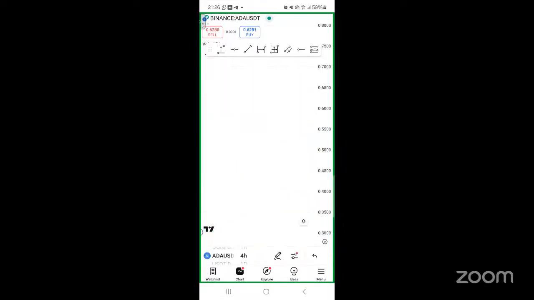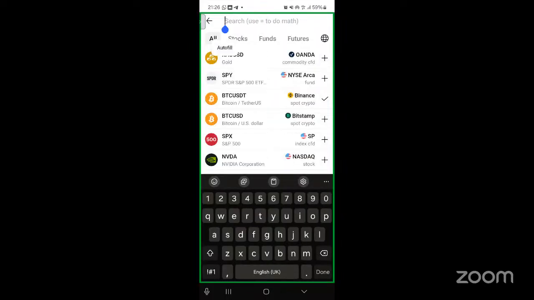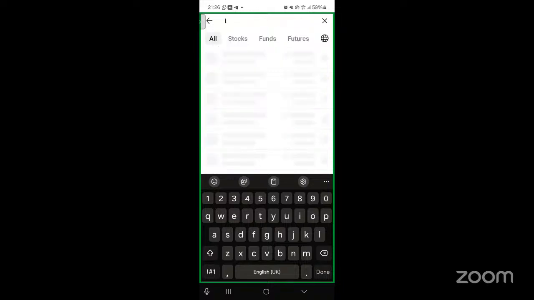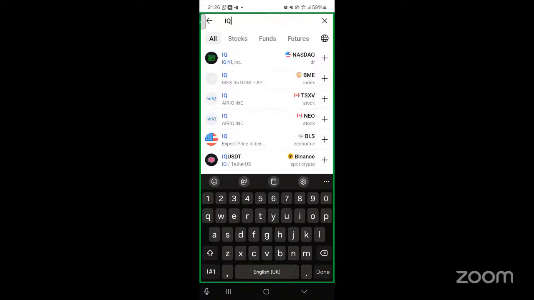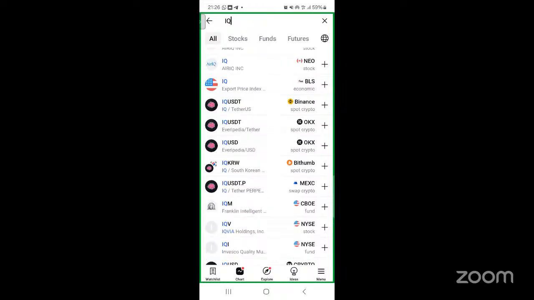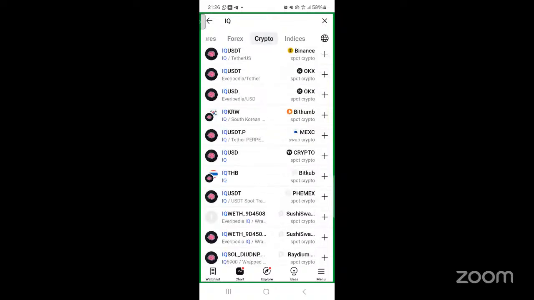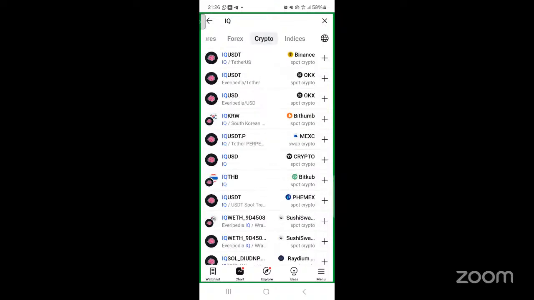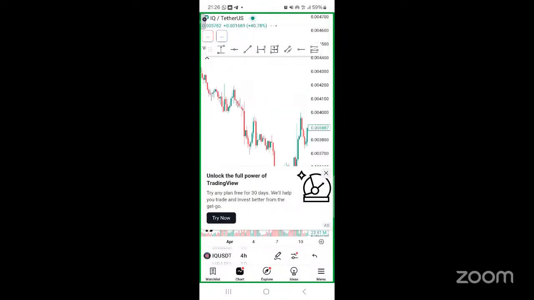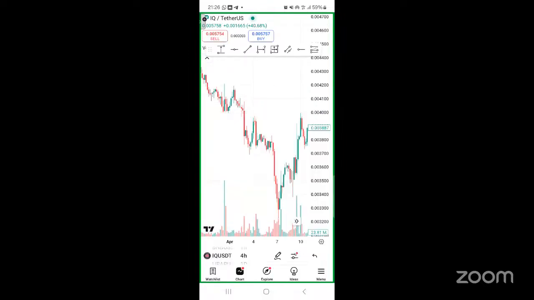I'm going to go IQ, look for IQ on Binance. Where is it on Binance? I'm looking for Binance. Look for crypto here, and then I search for Binance. It is on top here. IQ. Right? Now, you see what this coin has done?